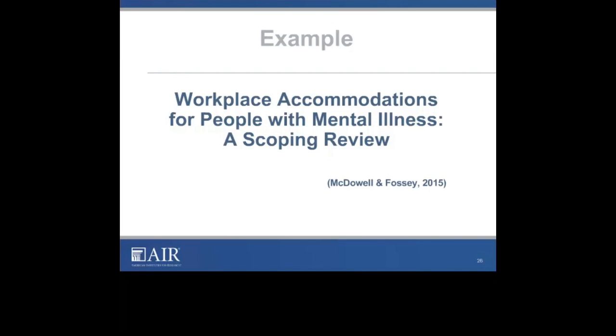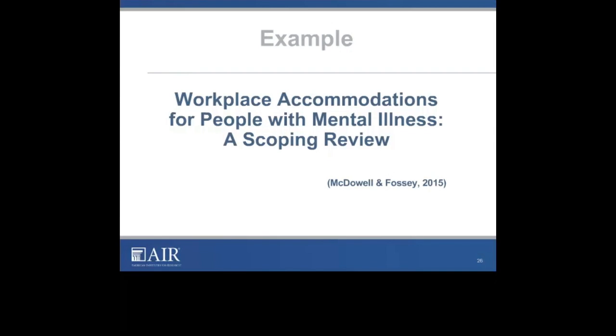I guess my first observation here is, in this title, they call it a scoping review, and it is. I have other studies in my files that call it a scoping review, and it's more like a rapid review, or a rapid review that's more like a scoping review.